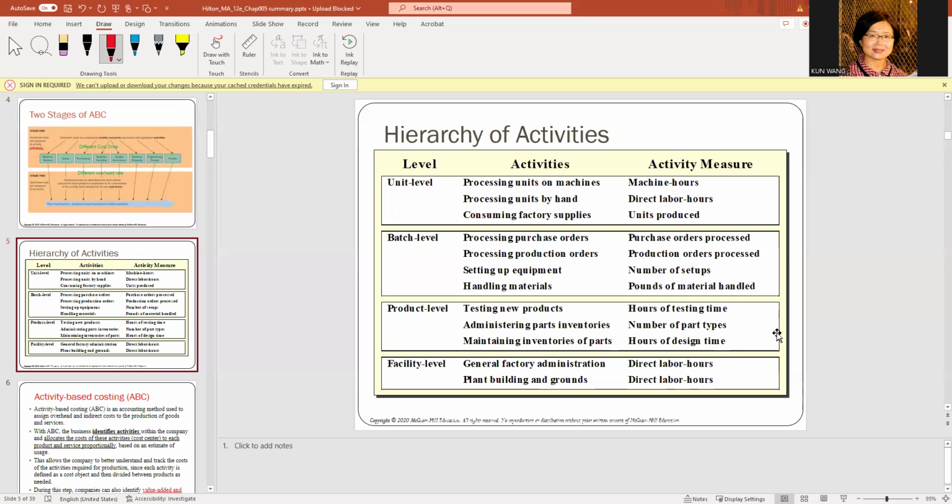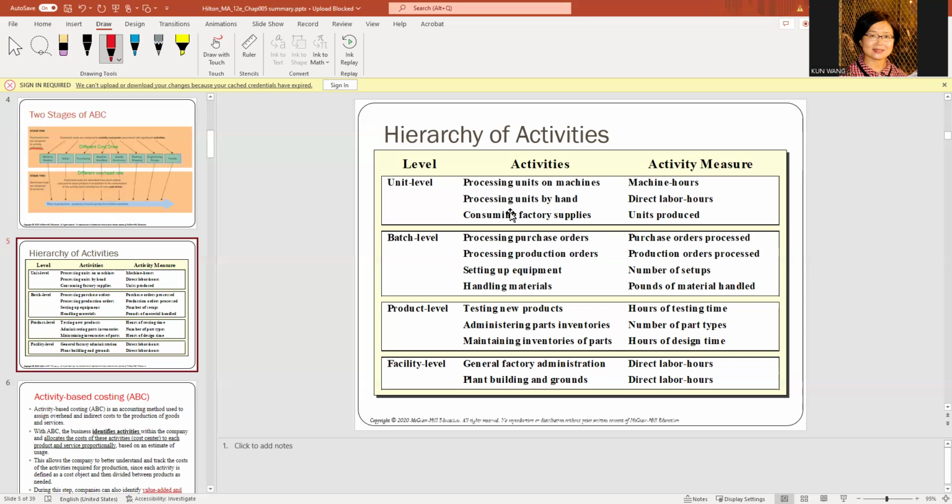If you look at your business operations, especially for a manufacturer, we're looking at four different levels of cost pools. One cost pool is related to the unit level, meaning the increase and decrease, the change of the cost, is driven by single units, like product units or machine hours or maybe direct labor hours.